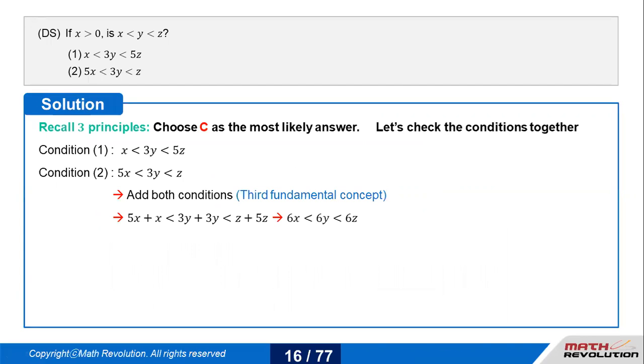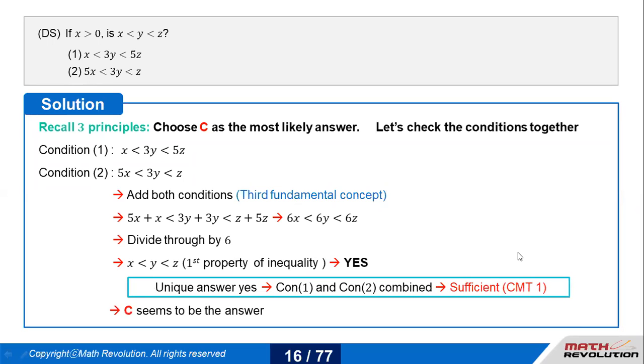The condition is still the same, which is 6x is less than 6y, which is less than 6z. And removing 6 gets me to x is less than y, which is less than z, and I get my answer is yes. So this combining was unique to give the answer, hence C is the answer.